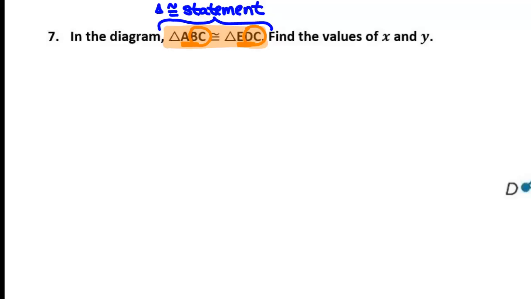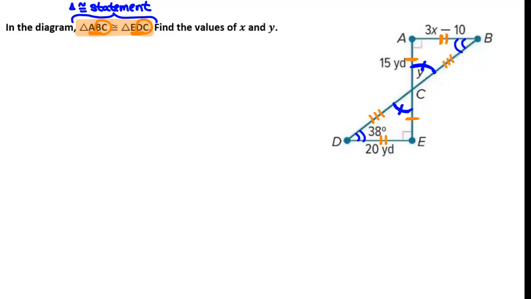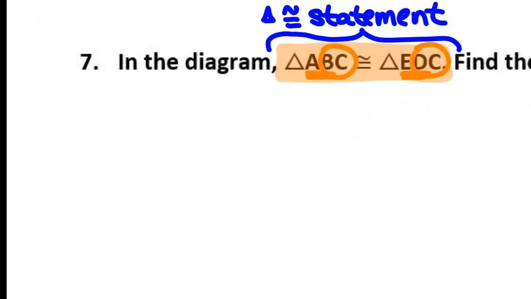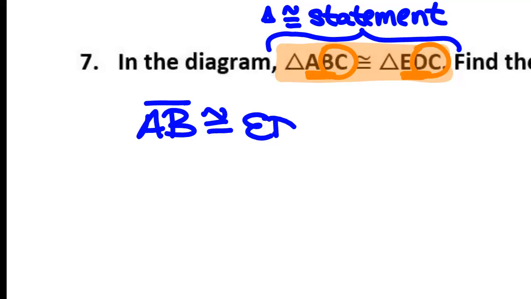The only place that I see x is up here along segment AB. And we've marked up that segment AB is congruent to what other segment? DE, right down here. So we know that segment AB is congruent to segment ED.